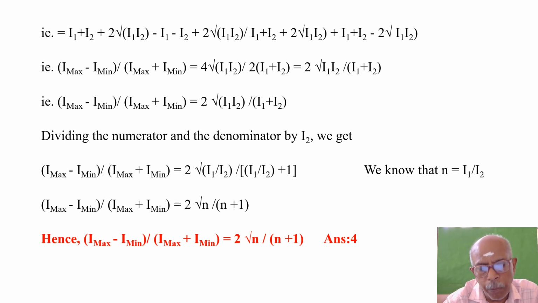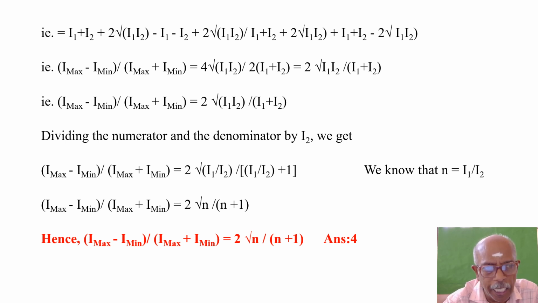What about the denominator? I1 plus I1, so 2I1, plus I2 plus I2, 2I2. So 2 into I1 plus I2. Here you have plus 2 into root of I1 I2 minus 2 into root of I1 I2, so they get cancelled. So now you have 4 into root of I1 I2 divided by 2 into I1 plus I2.